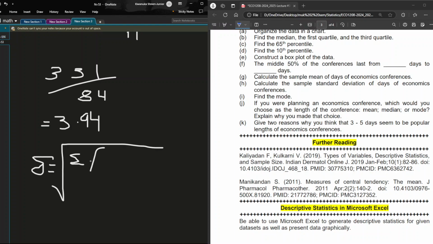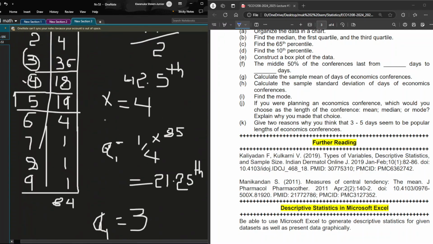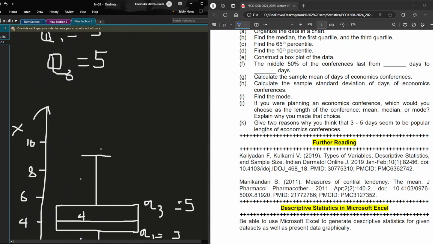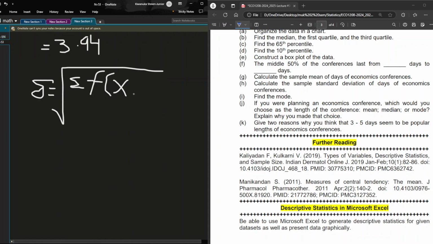It's the summation of f times x minus x bar, which is the mean, squared, divided by n minus 1 for standard deviation. However, on the mean we don't put minus 1.